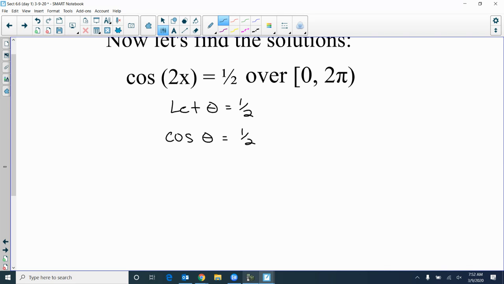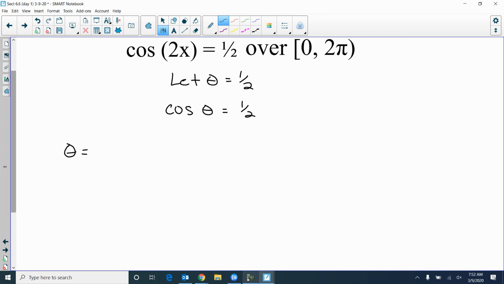60 degrees, which is pi over 3, and the other one's going to be in quadrant 4, which is 300. And so we got theta equals, here's what we need to do. Theta equals pi over 3 plus 2 pi n.